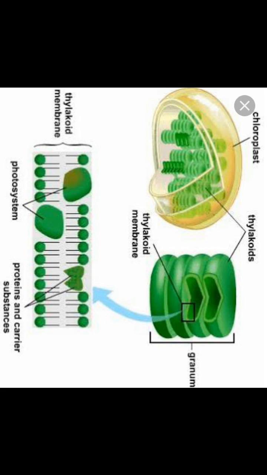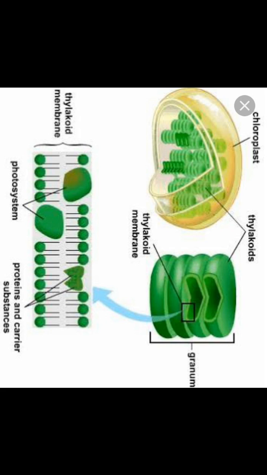You can see grana here. Singular granum. How are they arranged? I repeat once again. Thylakoids are arranged in stalks like piles of coins called grana. Grana are also called the intergranal thylakoids.